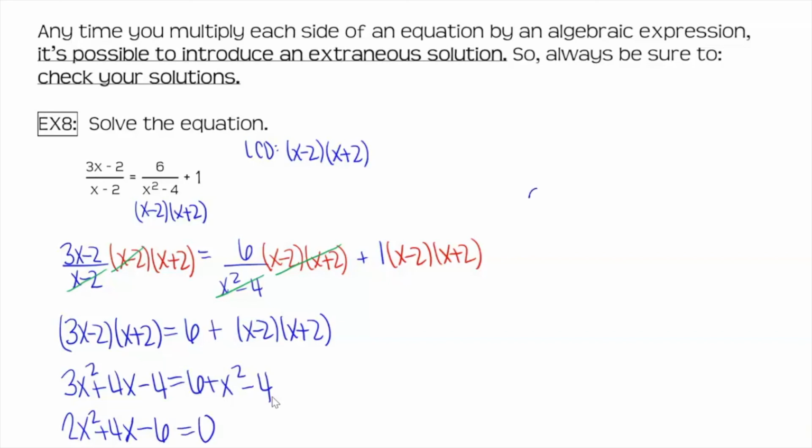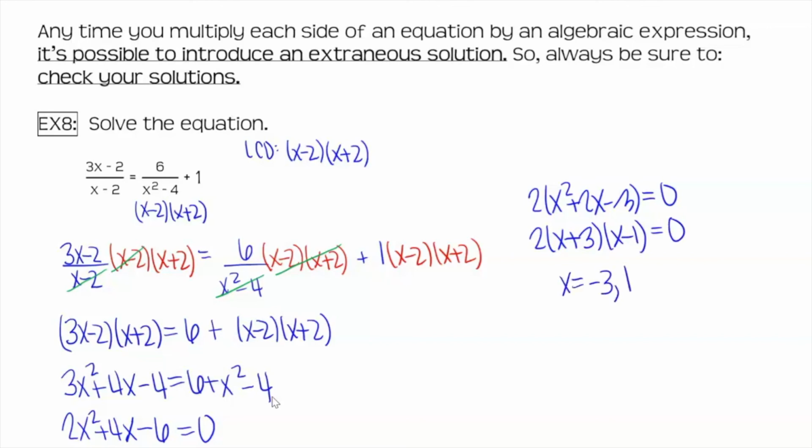I can factor a 2 out of all 3 of those terms. And two numbers that multiply to be negative 3 are positive 3 and negative 1. Those will add to be positive 2. So that's good. And we have x plus 3 and x minus 1, so we have negative 3 and 1 as our solutions to that, as our zeros.